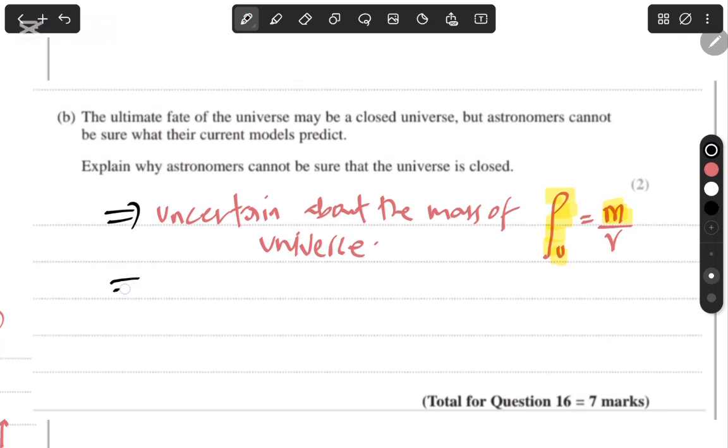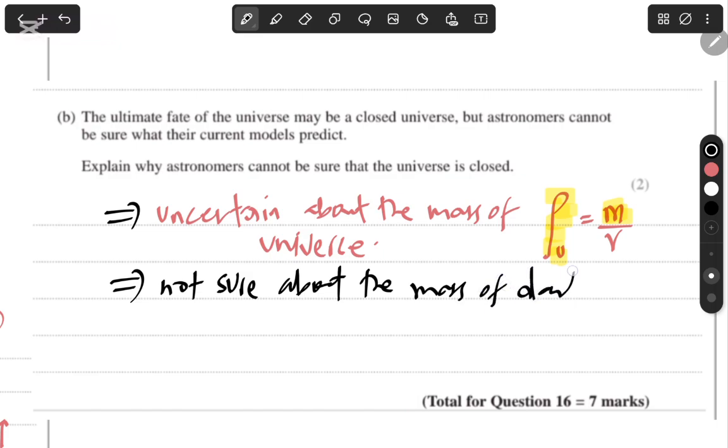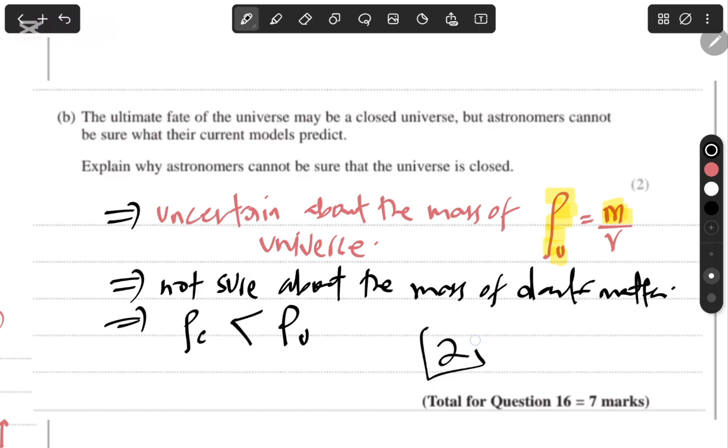And this is because we are not sure about the mass of dark matter. Okay, and the next thing that you want to write, another important point, is that for the universe to be closed, the density of the universe has to be greater than the critical density. So that's going to give you 2 marks right there.